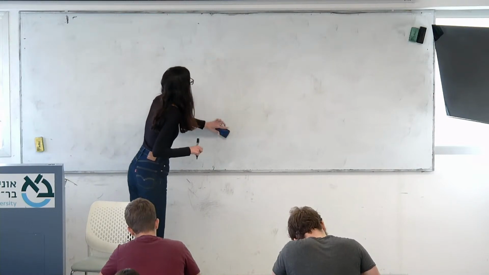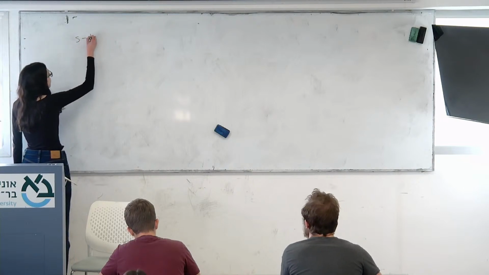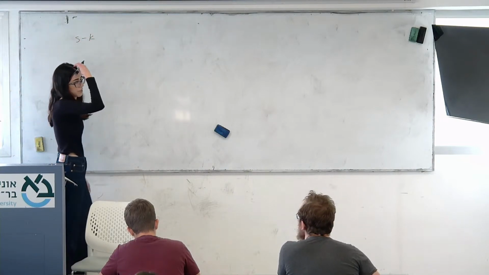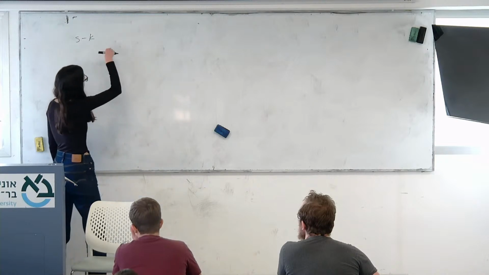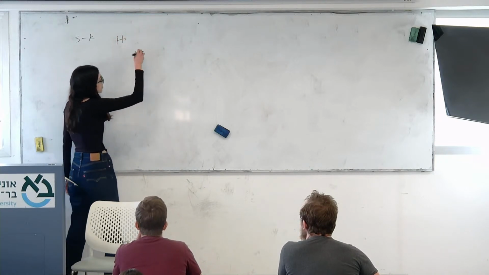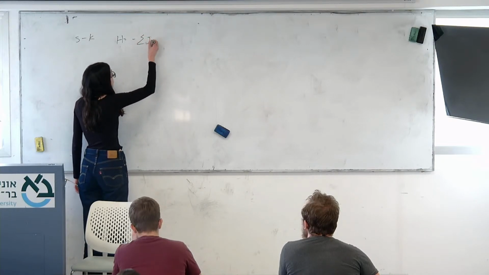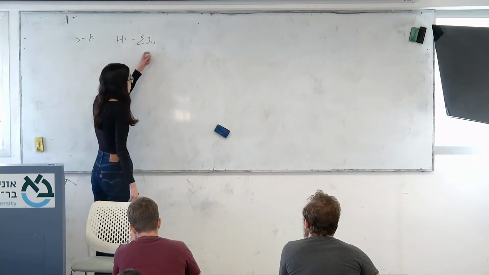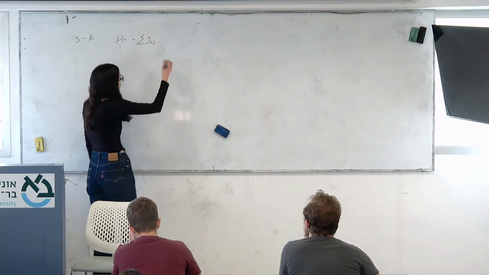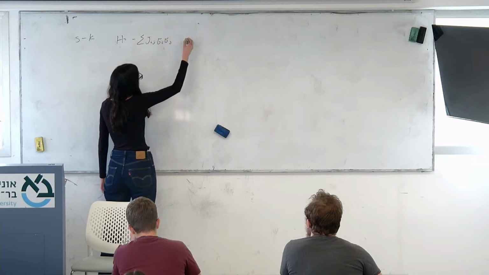Okay, so in the last tutorial we started to talk about the spin glass model. We introduced the Hamiltonian with the disorder in the coupling. So we have J_ij, which is a random coupling coefficient, sigma_i sigma_j.